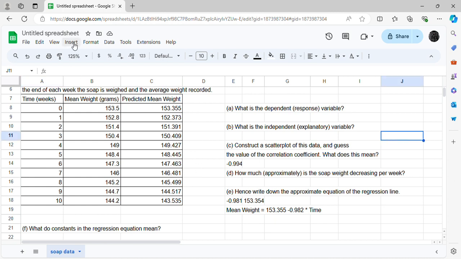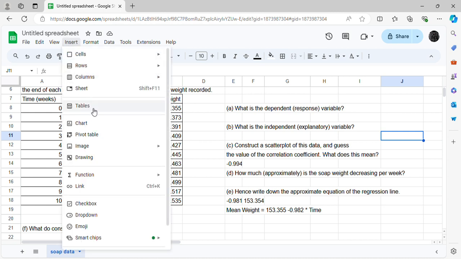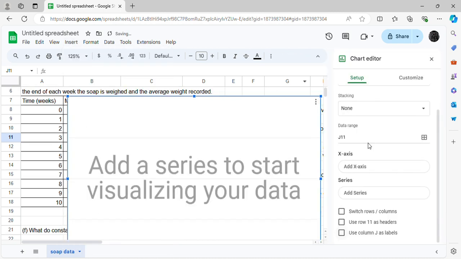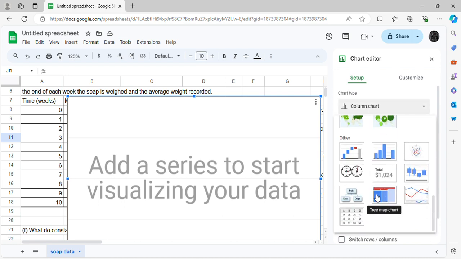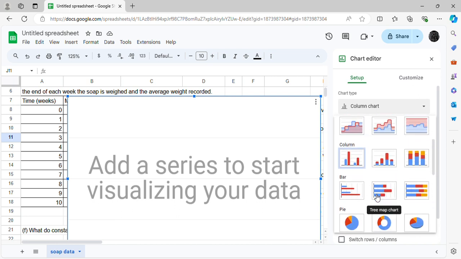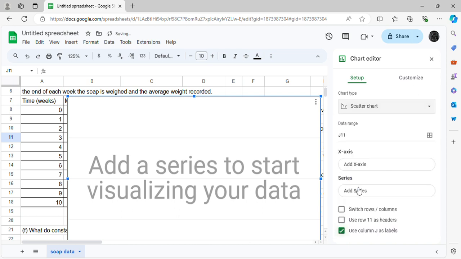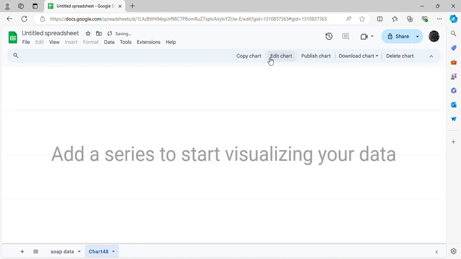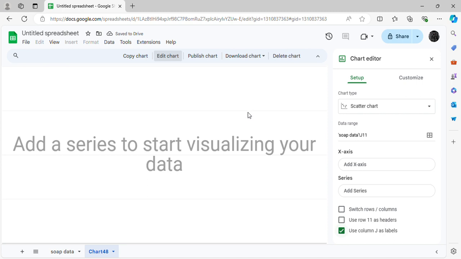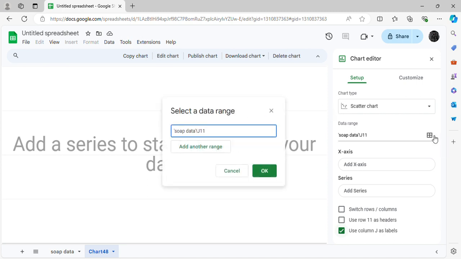Click in an empty cell and click on Insert. Click on Chart. Click the chart type and select Scatter chart. Let's move this to its own sheet and let's edit the chart. Let's add the data.